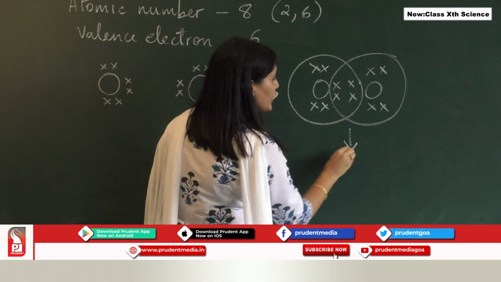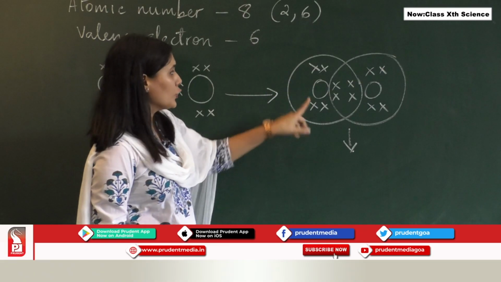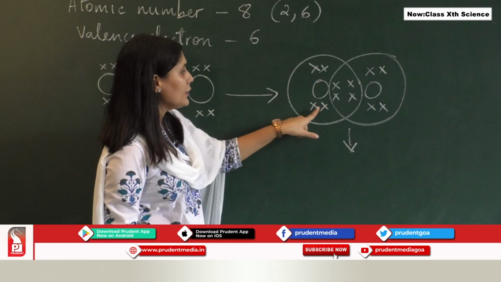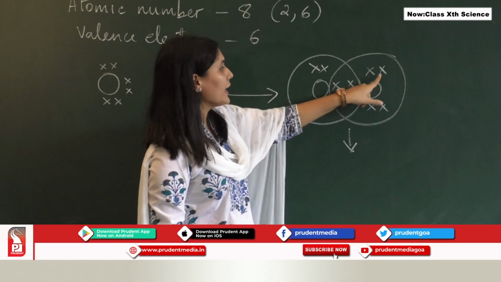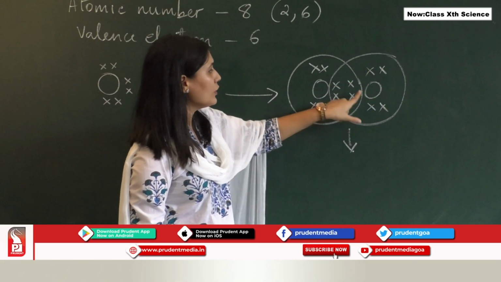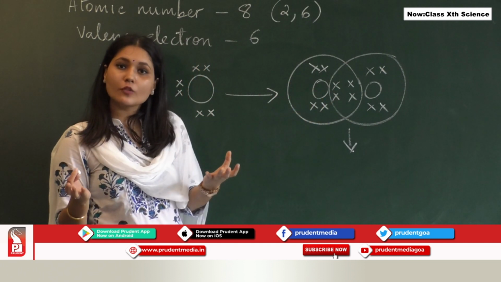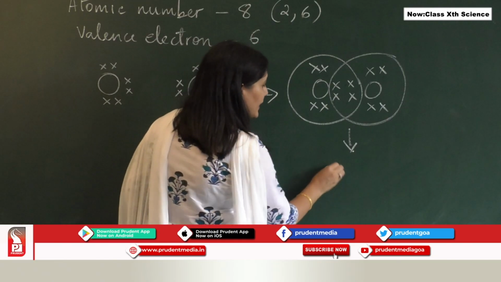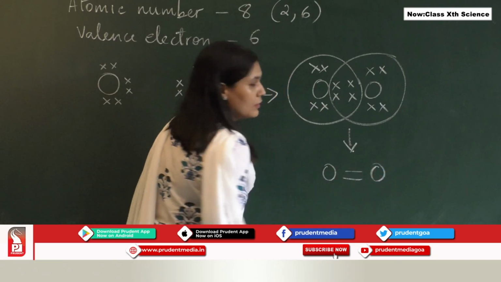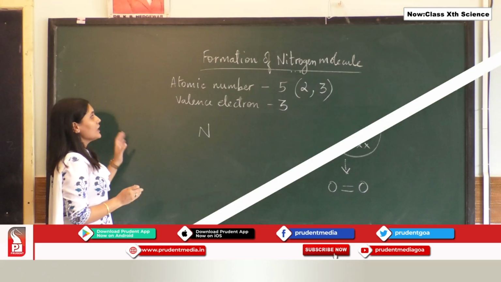Since it has shared 2 pairs of electrons, we can count if the octet rule is being followed. So we have 1, 2, 3, 4, 5, 6, 7, 8, and the other atom 1, 2, 3, 4, 5, 6, 7, 8. So the 2 atoms of oxygen have shared their 2 pairs of electrons, resulting in the formation of a double bond.